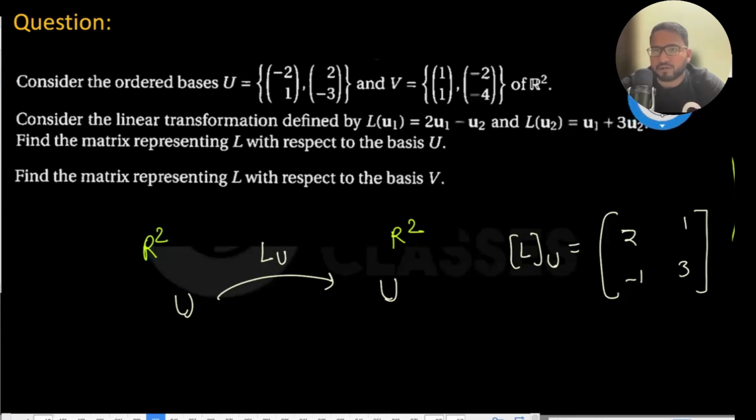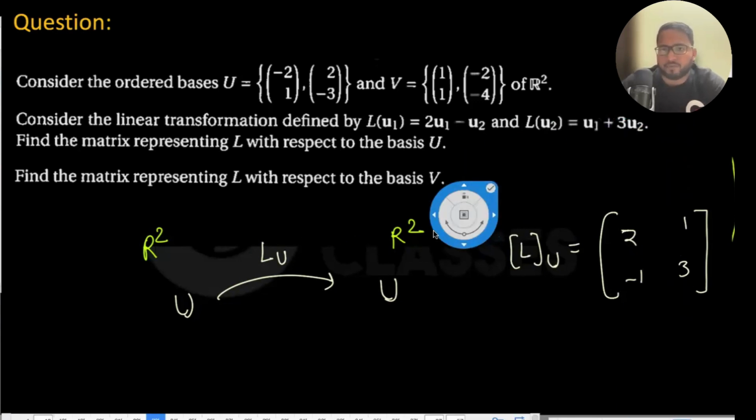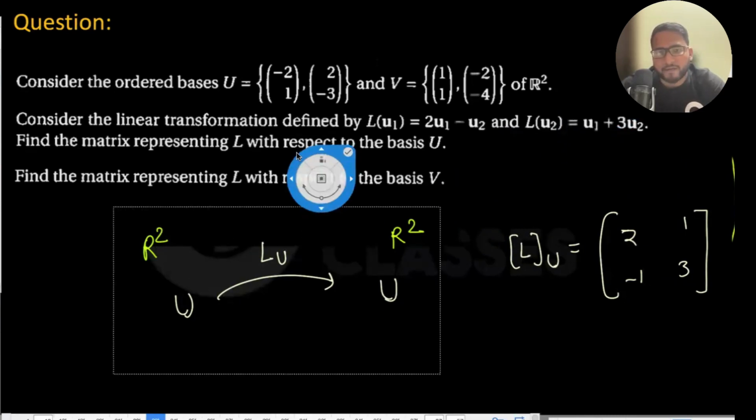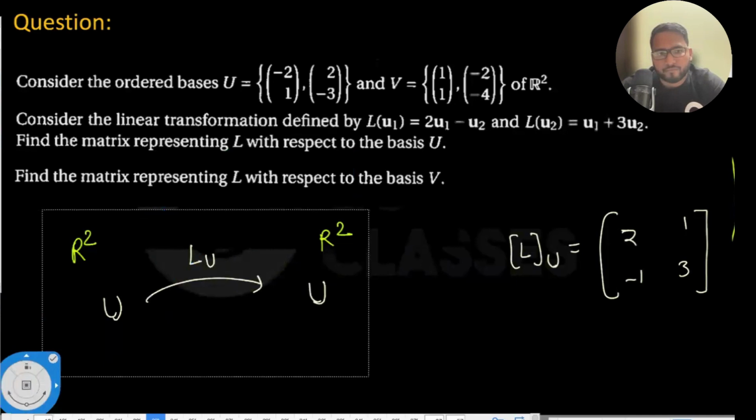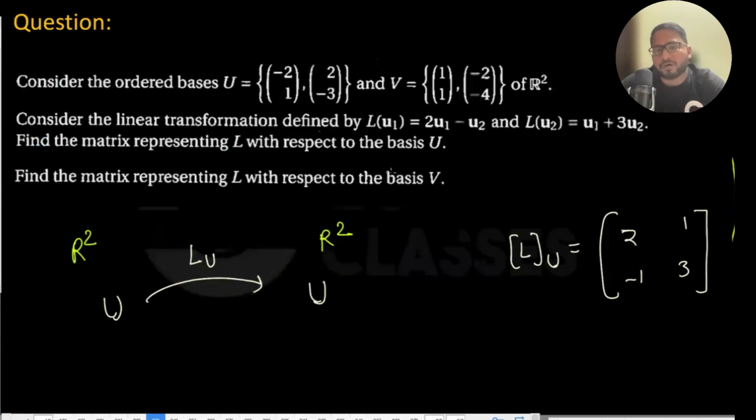In the next question, they are saying that we are more interested in finding the transformation from V to V. They are more interested in this. So what can you do?